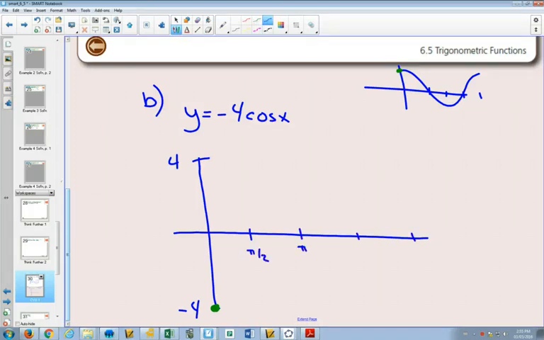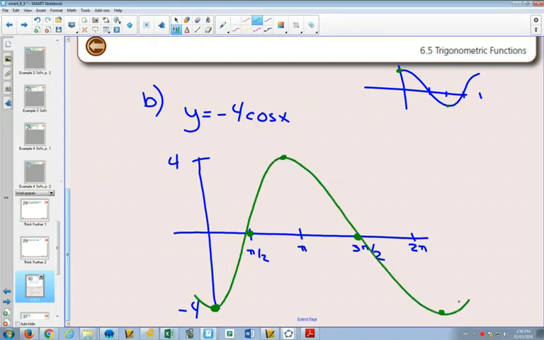Pi, pi over 2, 2 pi, and 3 pi over 2. Our x-intercepts aren't going to get changed when we multiply y by -4. So these 2 points aren't going to change. At pi, it was -1, but now it's going to get multiplied by -4. And this is our graph of y equals -4 cos x.